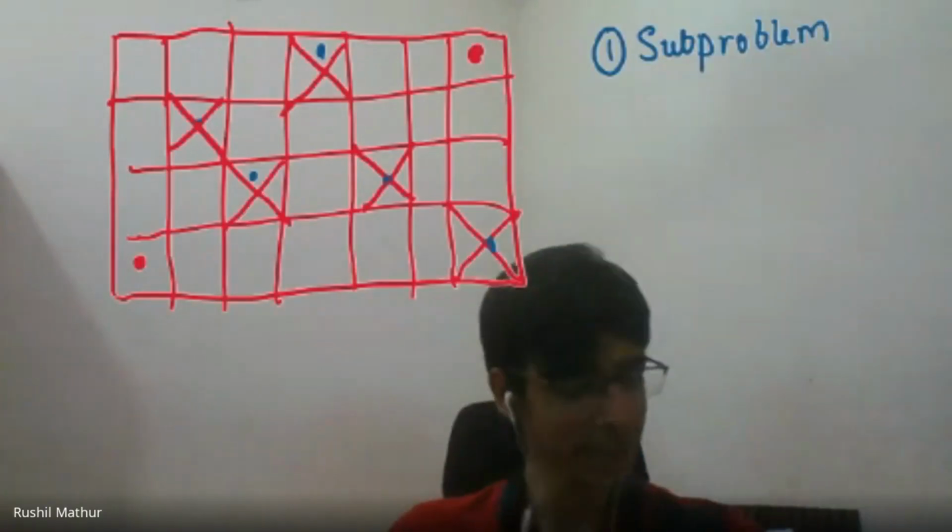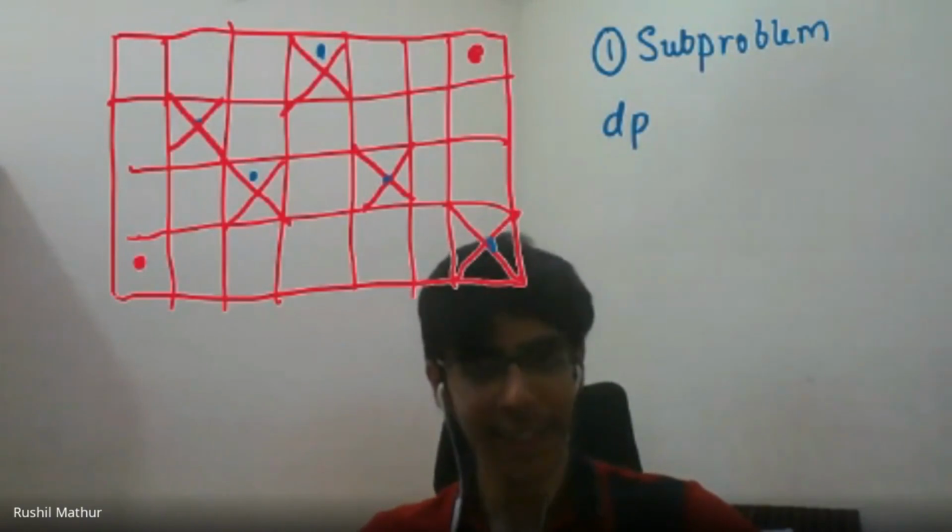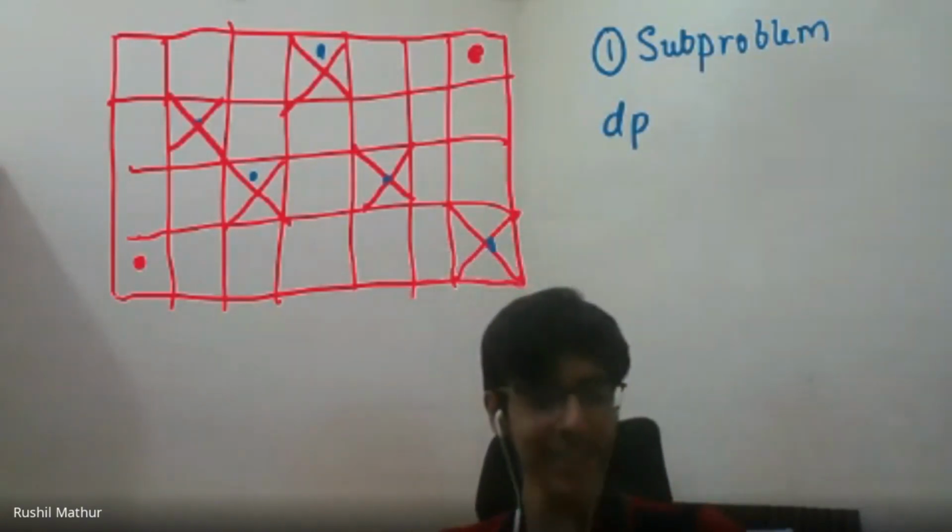Or maybe to reach another unblocked cell, which lies on our path. Yeah, sure. So DP, instead of 1 dimension, what if we extend it to 2 dimensions? Consider i and j, dp[i][j].